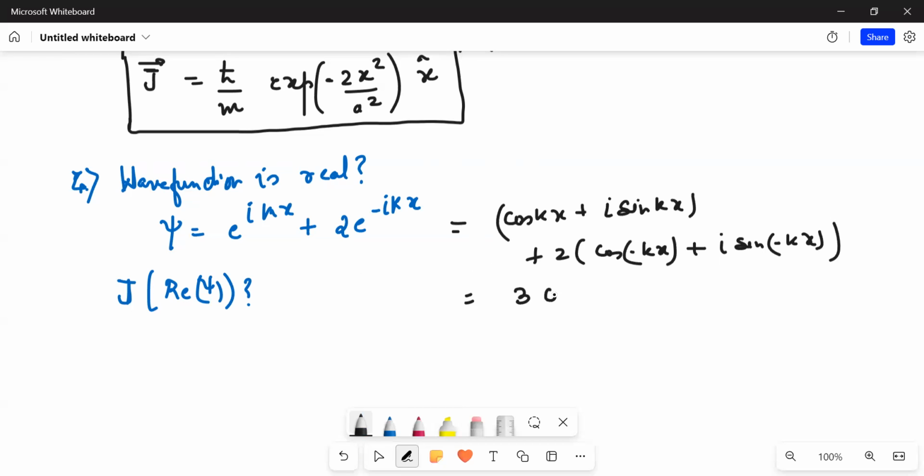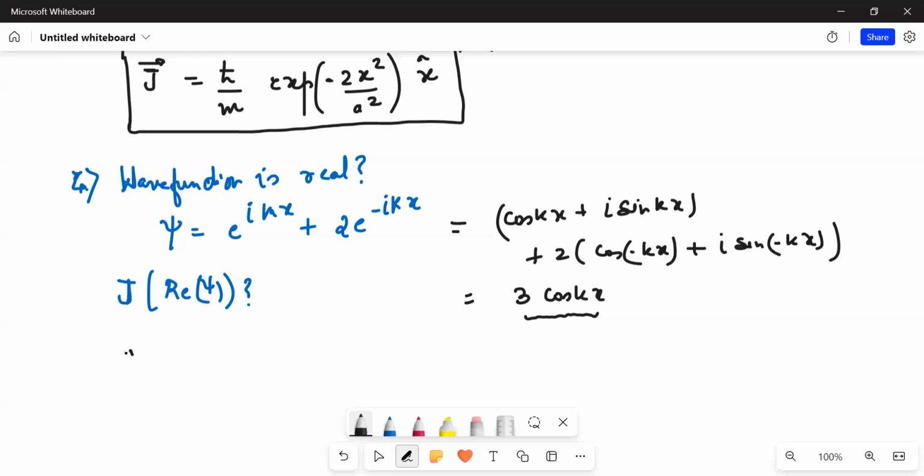The real part would be simply 3 cos kx, right? I will not include the terms which are attached to the iota. Okay, so this is 3 cos kx.